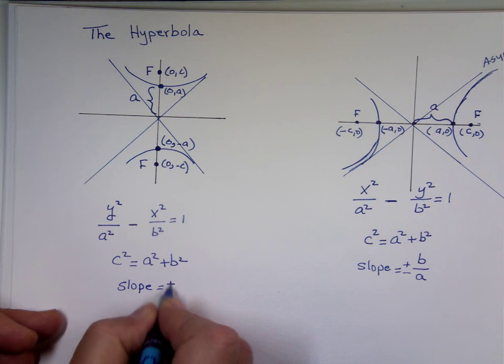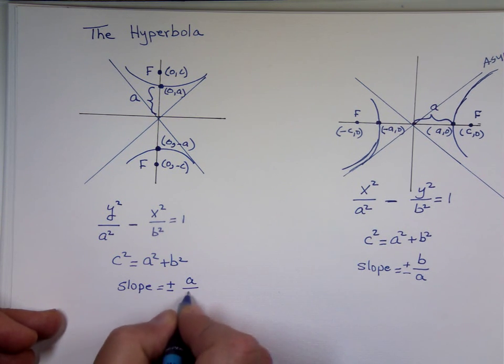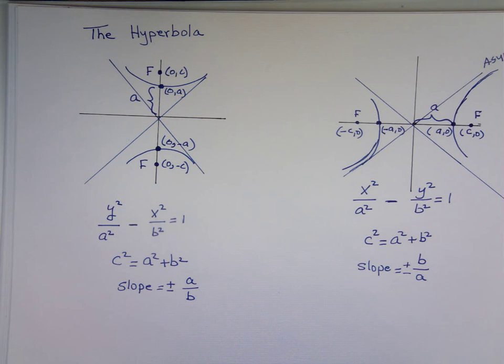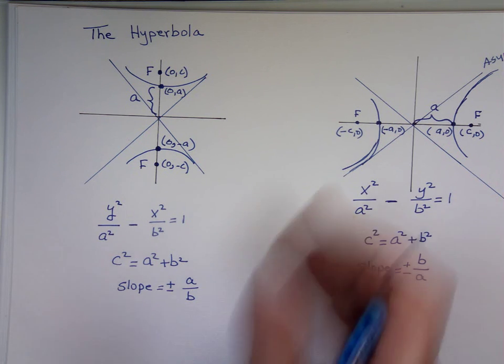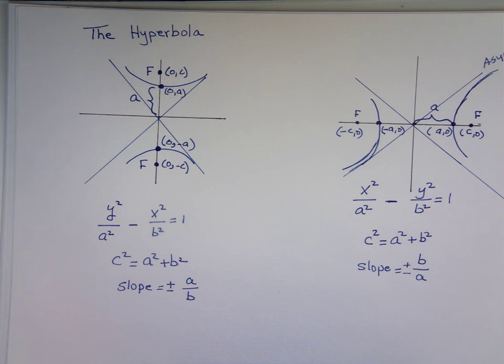One is plus, one is minus, but it would be A over B. Now, I don't graph them with the slope. Well, I do actually, but not the way we do this slope here. I'll show you how I do them, because to me, that's a lot of math to remember. So I'll take a problem.